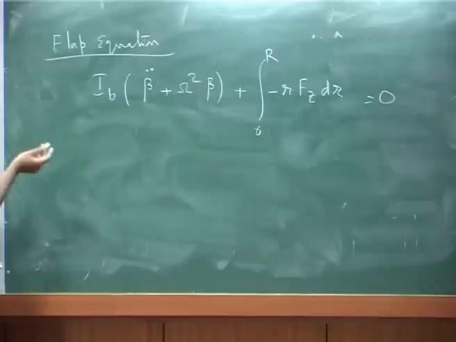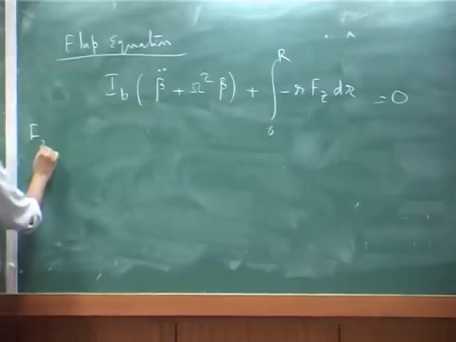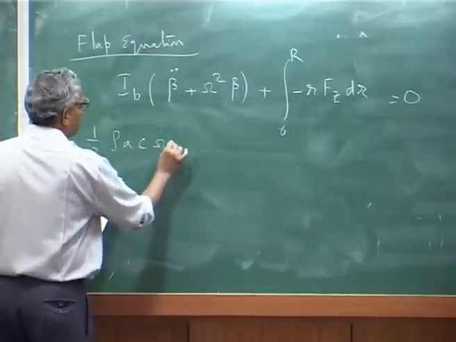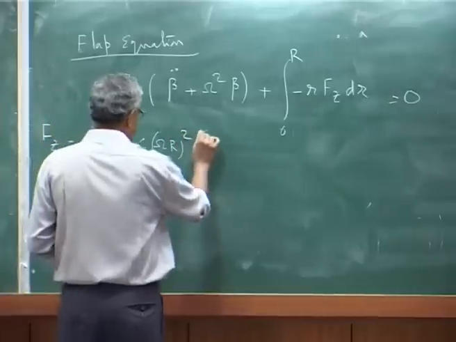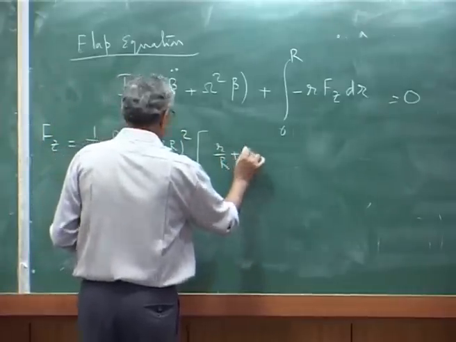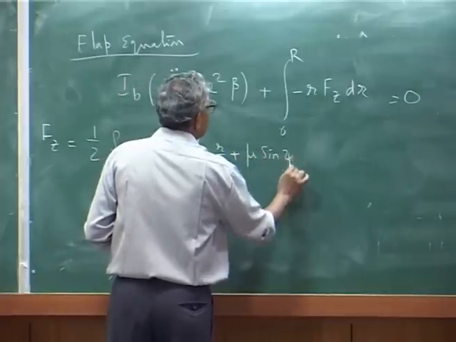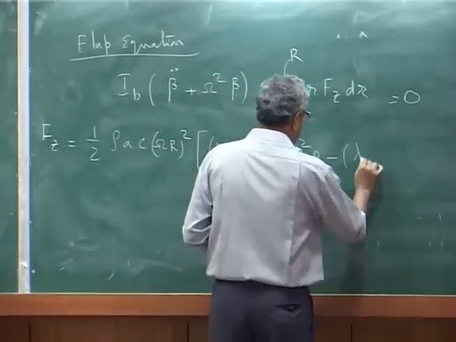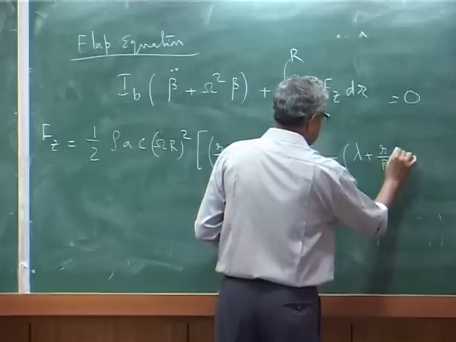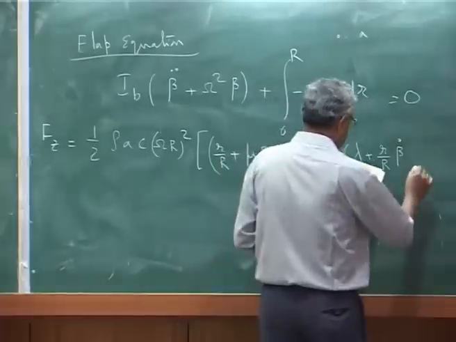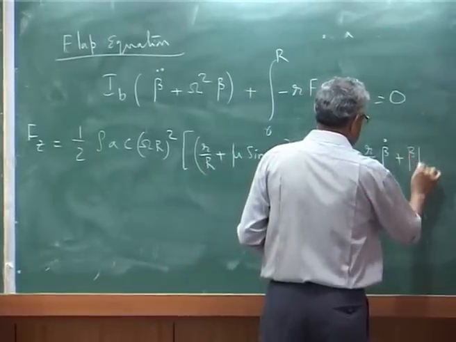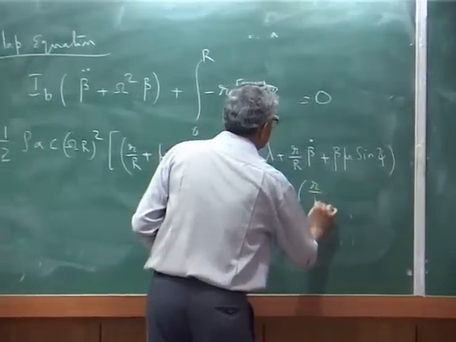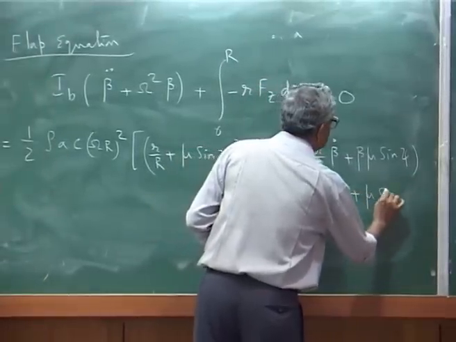We wrote the Fg expression, you look back at your notes: half rho a c omega square, into mu sin psi whole square theta minus lambda plus r over R beta dot plus beta mu sin psi, into r over R plus mu sin psi.